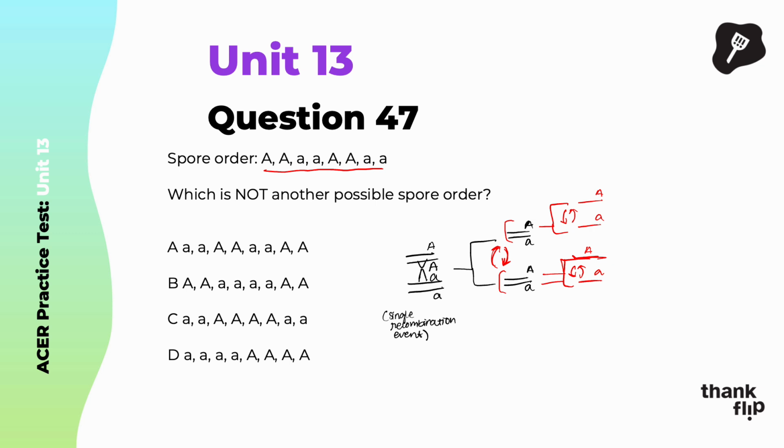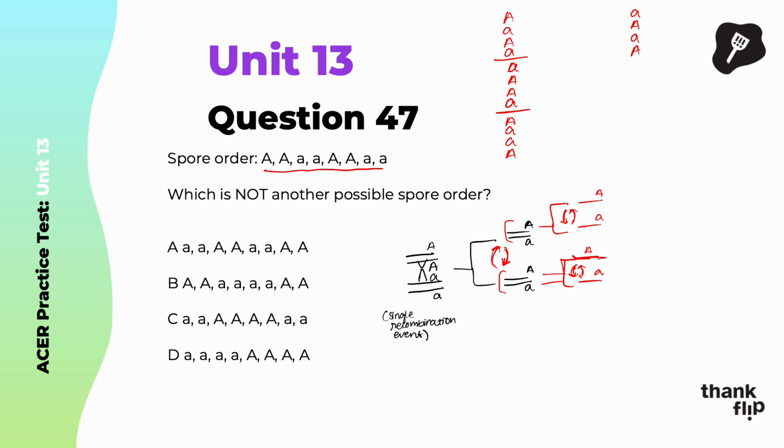So then let's look at the order. The order we have right now is this. Now, if we had the first, just this one mixing around, then we would get lowercase a, lowercase a. Then we would get, if we just had the bottom one swapping around, we'd get capital, lowercase, capital. And then finally, if both of them swapped around, we would get this here.